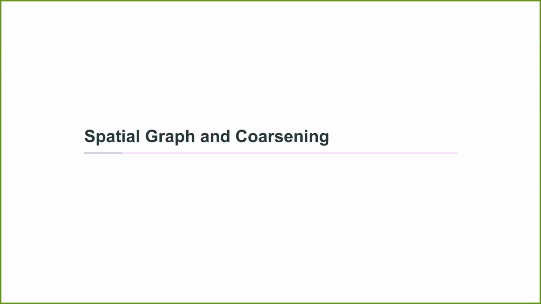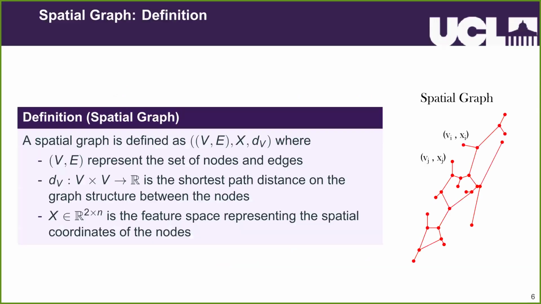So let's start with defining the object of the analysis and the coarsening procedure for this spatial graph. So what is a spatial graph? A spatial graph can be defined as a set of vertices and a set of edges, which represents the connectivity. Then we're going to equip it with X, which is the set of coordinates, for example, in R2 or R3. You can also embed this graph in a manifold structure, like on a sphere or something.